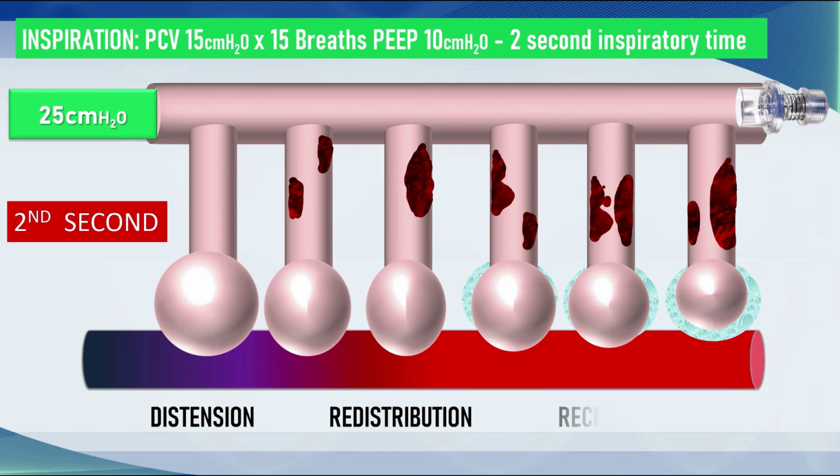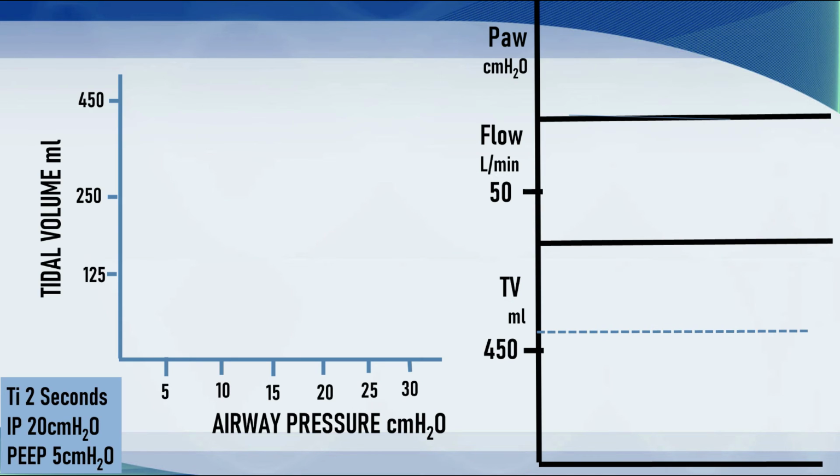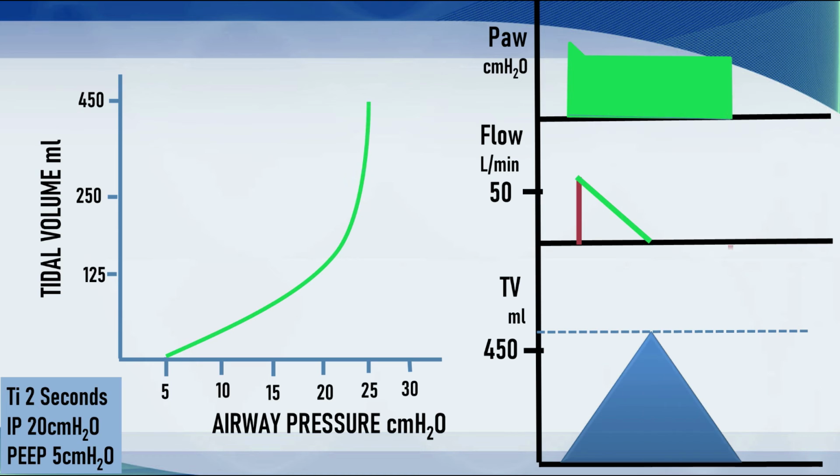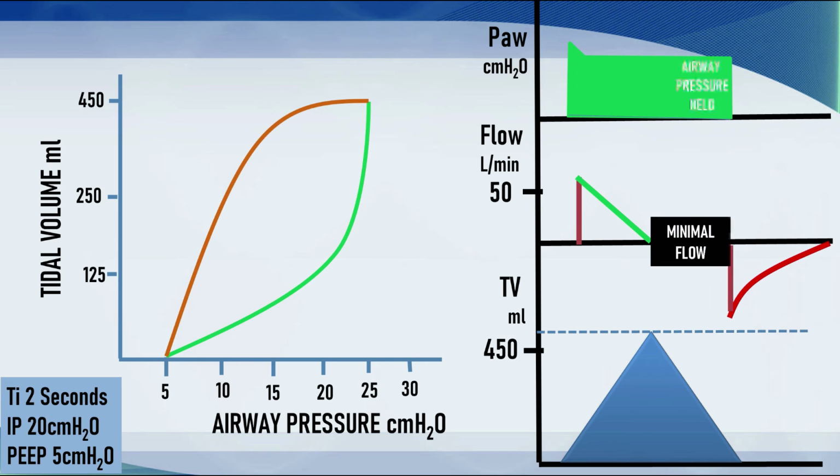And as a consequence, you get distension and redistribution and recruitment of lung units in the posterior dorsal segments. So you can see here the inspiratory hold that you apply in pressure control ventilation results in significant overall improvement in oxygenation.